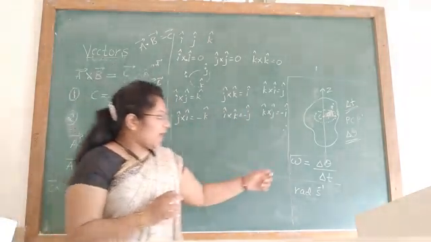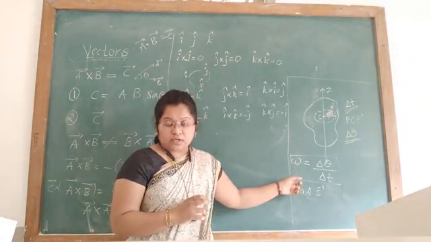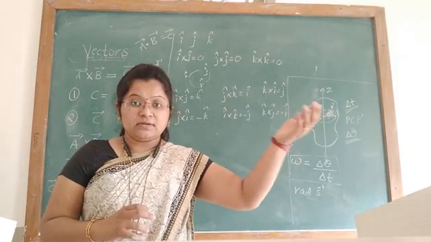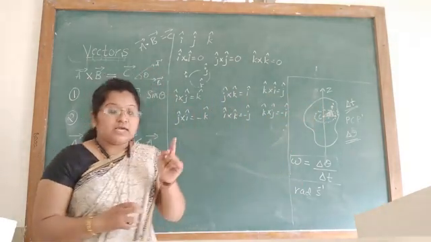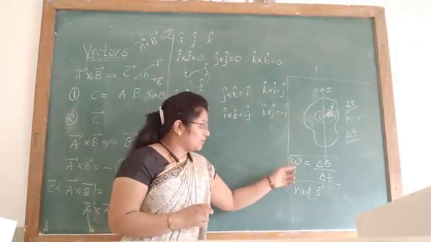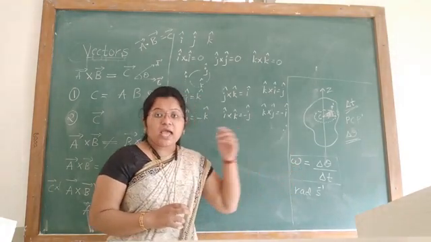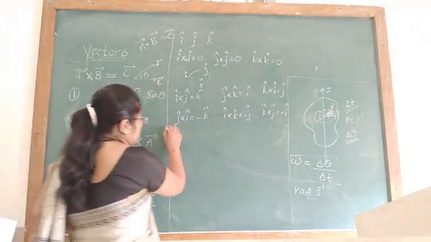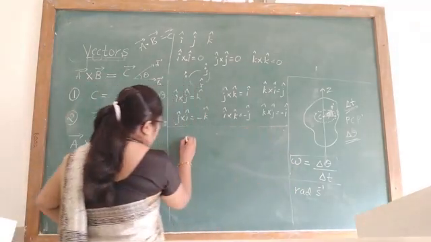Okay, this is angular velocity. So like you have velocity and acceleration in the linear motion, in this rotational motion also we have angular velocity and angular acceleration. So that angular acceleration is nothing but what? Alpha.